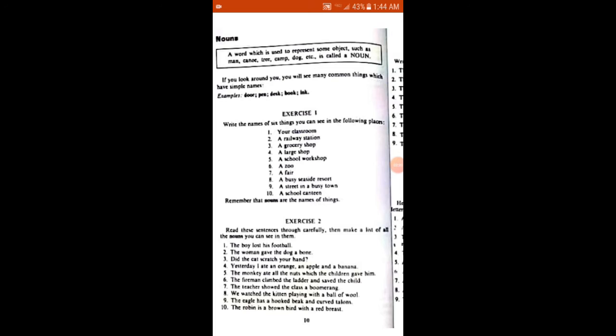In your classroom, I know nowadays the schools are off and you are studying from home, but you remember the environment of the classroom, the things which were present in it. So just recall your memory and write 6 things that were present in your classroom.